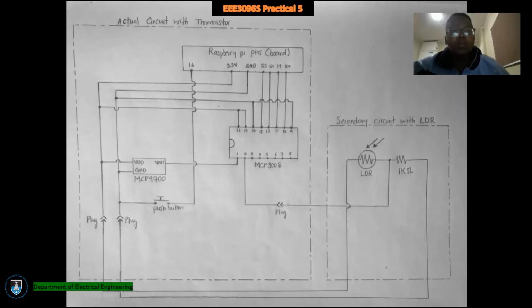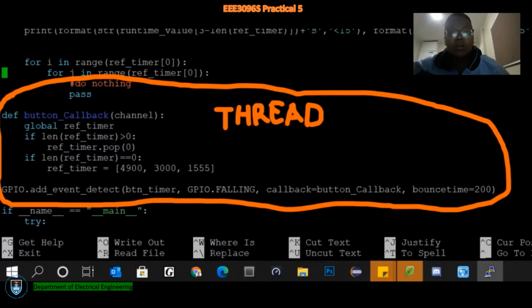The output display block, where the temperature data samples are displayed in the correct format. The thread block for the push button, and the main block, which is called to run the program.